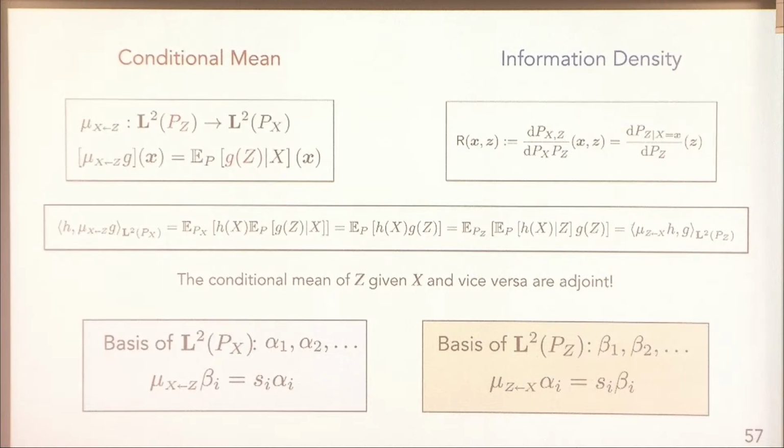So you will get a basis of L2(PX), that will be alpha 1 to infinity, and a basis of L2(PZ), that will be beta 1 to infinity, and then you can expand those conditional mean operators onto those singular vectors. And what's beautiful here is that the singular values capture the dependence between X and Z, right?